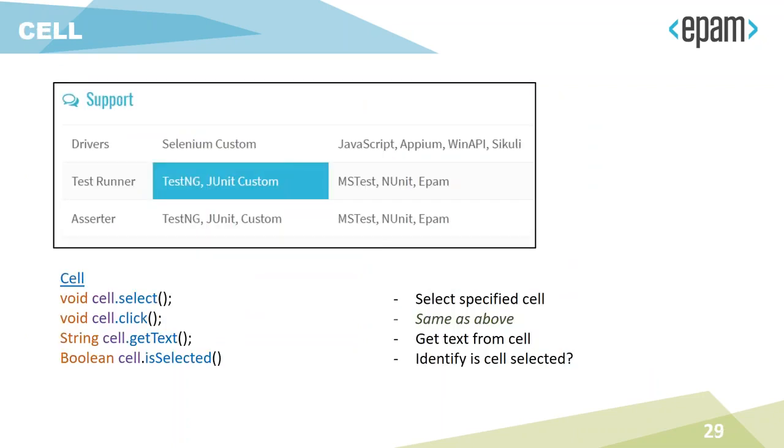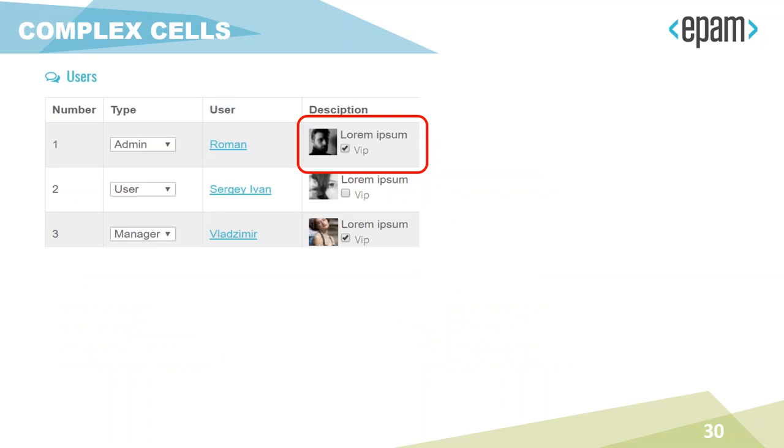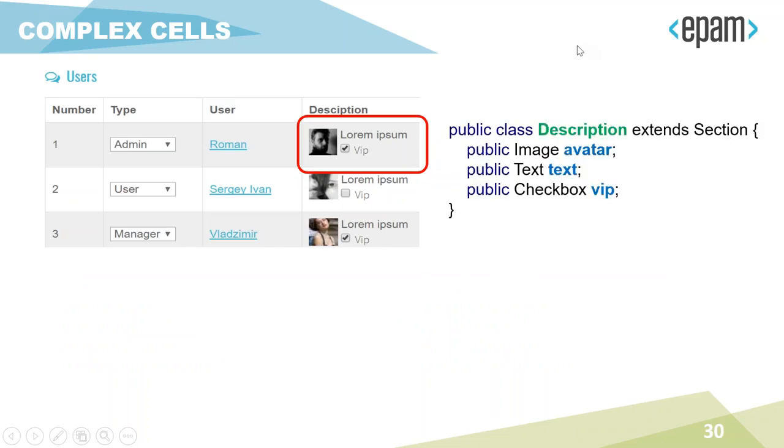Then you get the cell, and you can do typical things with it. You can select it or click it, or get text, or validate whether it is already selected. But sometimes we face more complex cells, like here. This cell contains an image, text, and a checkbox, VIP or not this user.